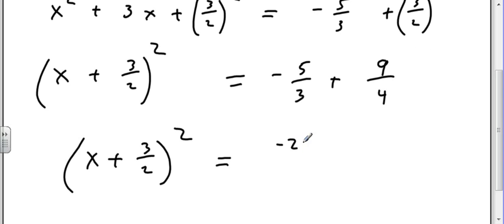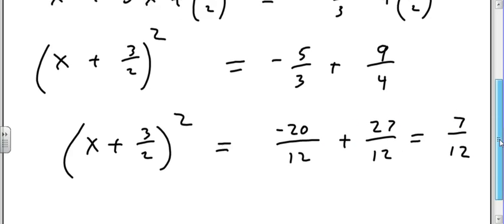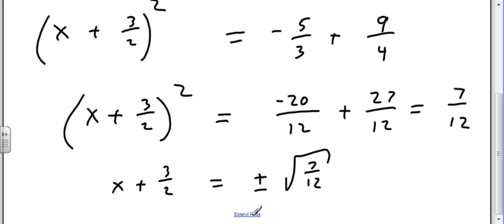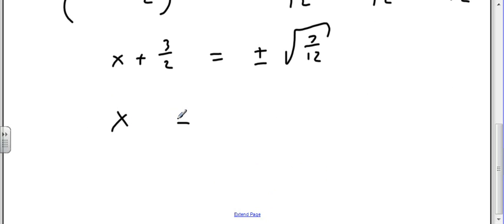So that's minus 20 over 12 plus 27 over 12, right? Yeah. Which is going to be 7 over 12. How inconvenient is that? All right, so x plus 3 over 2 is going to be plus or minus the square root of 7 over 12. So x is going to equal minus 3 over 2 plus or minus the square root of 7 over 12.